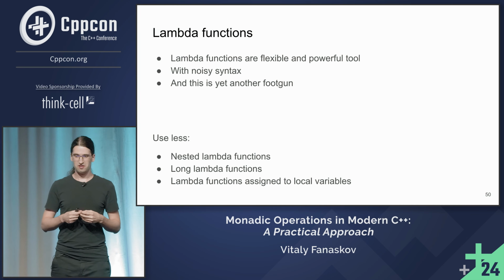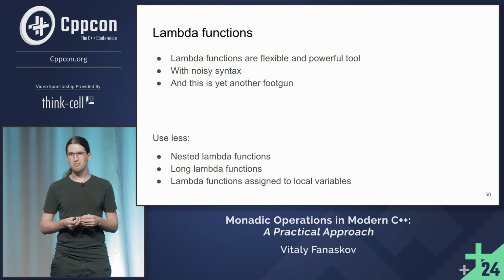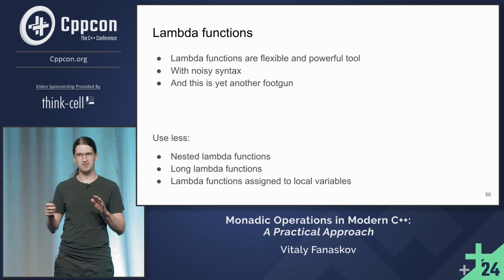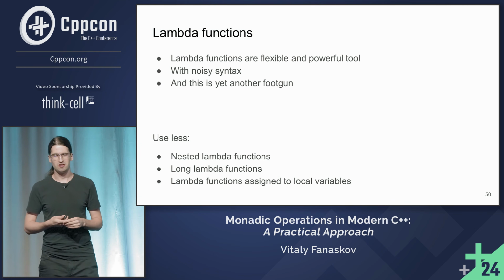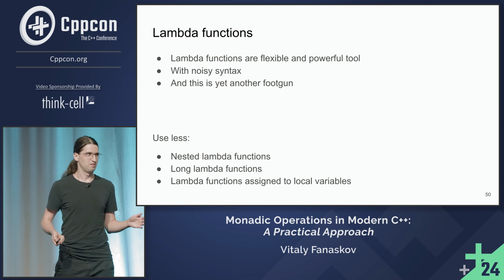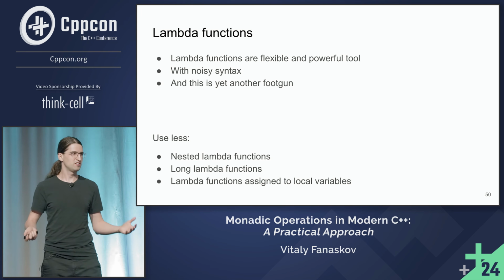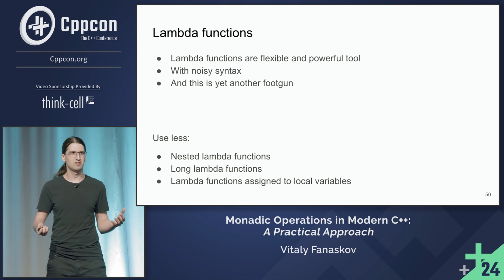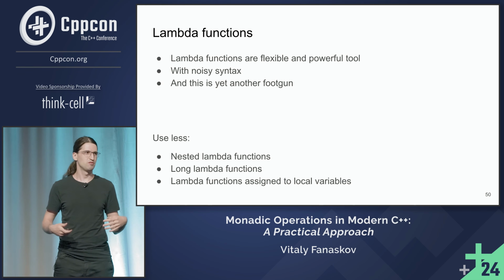And my first tip, surprisingly, in functional programming: I would advise using fewer lambda functions under certain conditions. Lambdas in C++ are a super powerful tool, perhaps the most flexible I've ever seen in any language. However, they come with a noisy syntax and a capture list that is, strictly speaking, a foot gun.